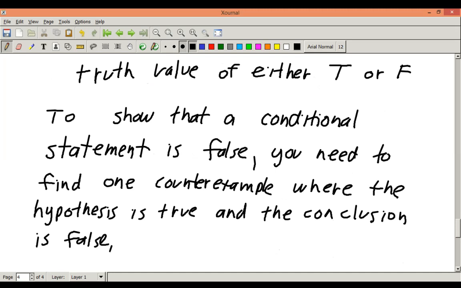And we'll show you that here in a minute. So again, a conditional statement is either true or false. It's true if both the hypothesis and conclusion are true, and it's false when the hypothesis is true and the conclusion is false.